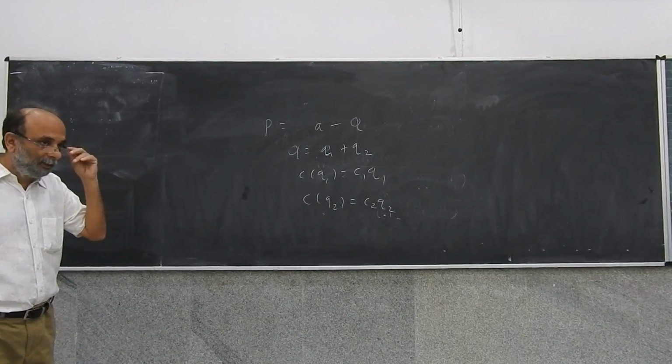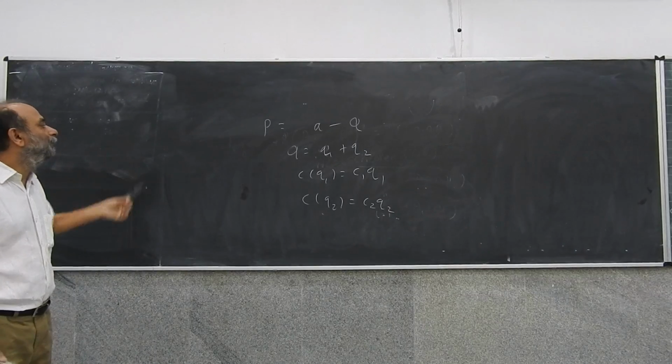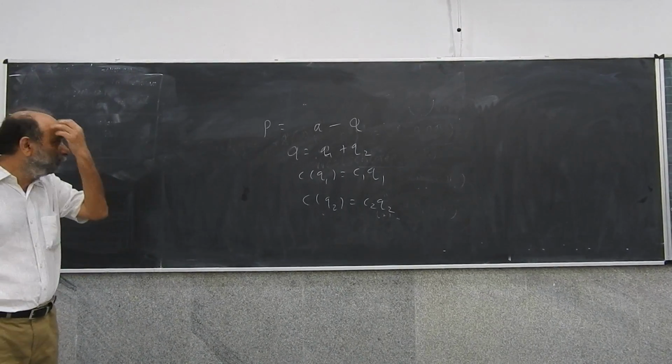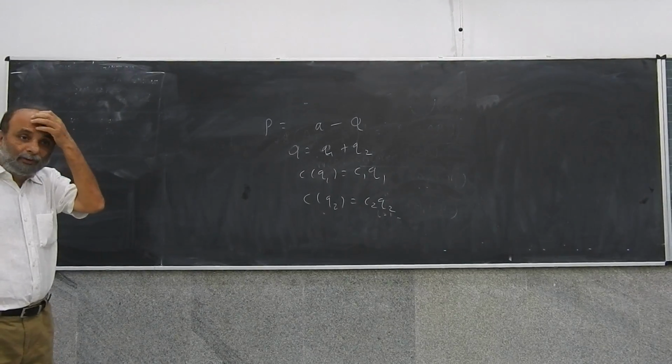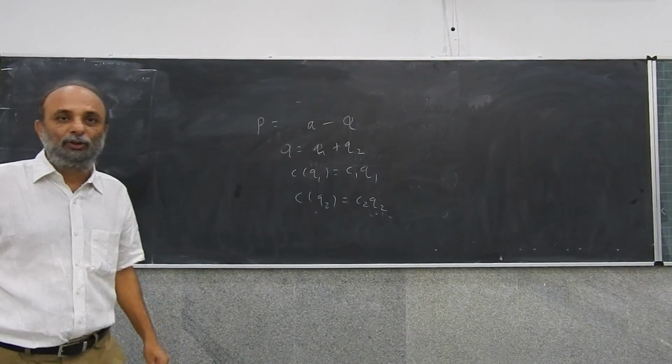That's a simple Cournot game with perfect information. So basically price is A minus Q, where Q is total quantity, Q1 plus Q2. The cost function of the first firm is C1 Q1. The cost of the second firm is C2 Q2.